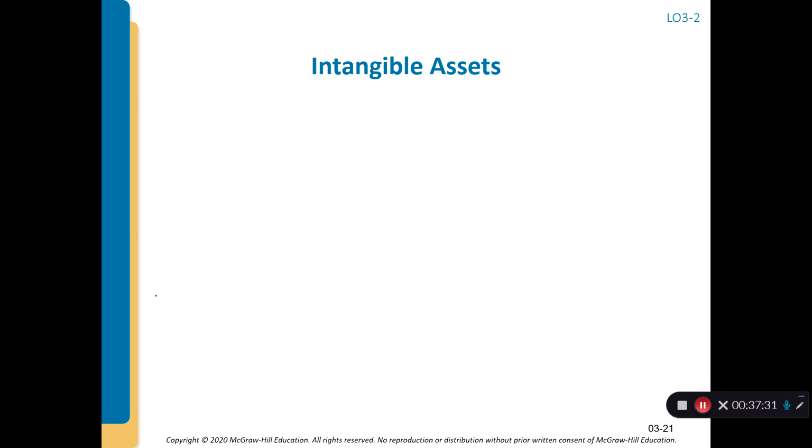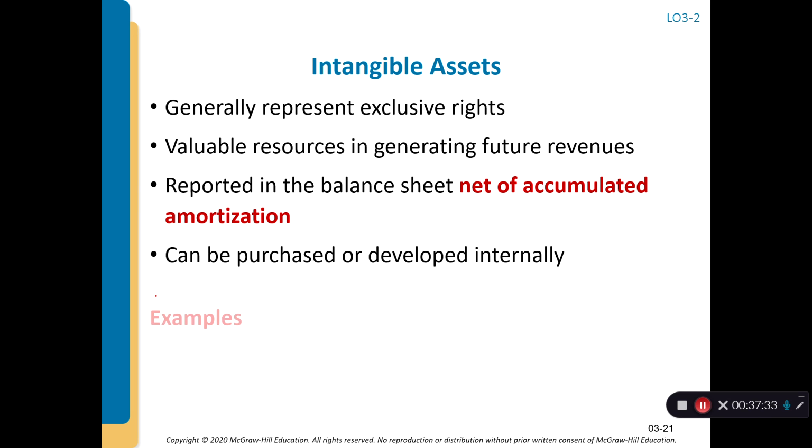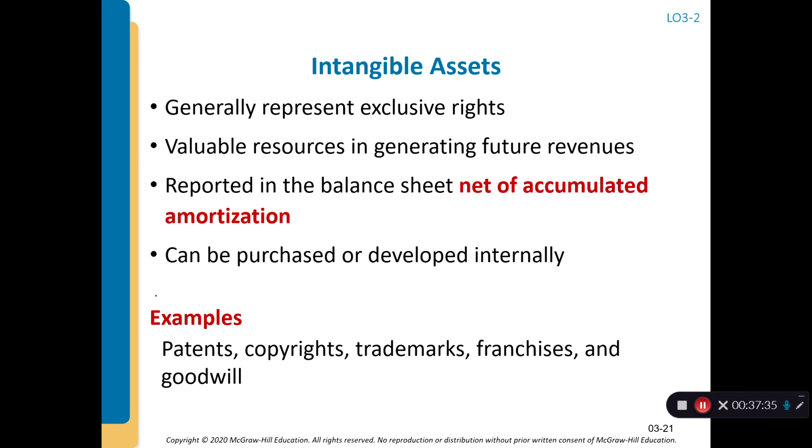Okay, intangible assets. Intangible assets generally represent an exclusive right to use something, right? It's a very valuable resource in generating future revenue. For example, patents, copyrights, franchises, and trademarks.